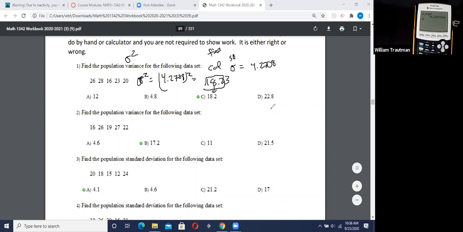Can you imagine having 20 numbers and finding the standard deviation? You have to take each of those data points and subtract it from the mean, and then square it, and then add them all. It would take you half an hour to do one of the problems on the tests.